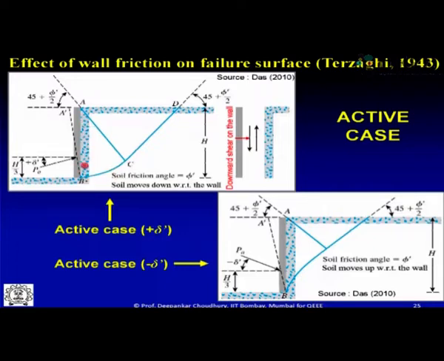This is your rigid retaining wall, and by the way, before we go to that, I thought I would complete the Coulomb's analysis that I promised you, that is, how to analyze cohesive frictional soil, because Coulomb gave it only for cohesionless soil. Later on it got extended. So let me first complete that, then we will come to Terzaghi's.